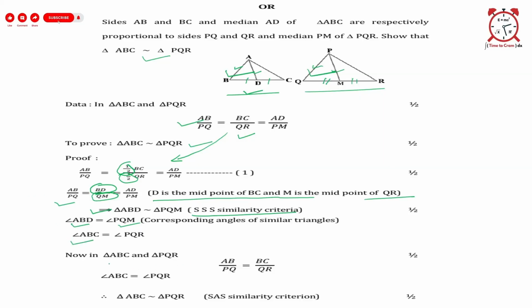So in triangles ABC and PQR, we have AB upon PQ equal to BC upon QR. It is already given here, and we have proved the included angle equal. So now we can prove by SAS criteria both the triangles similar. In that way we have to prove two triangles similar.